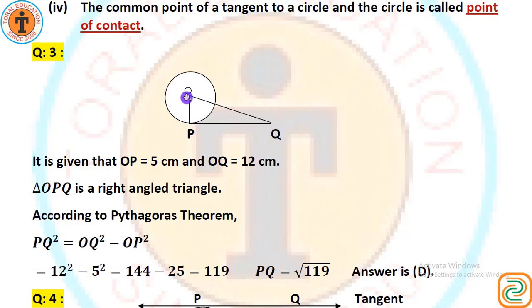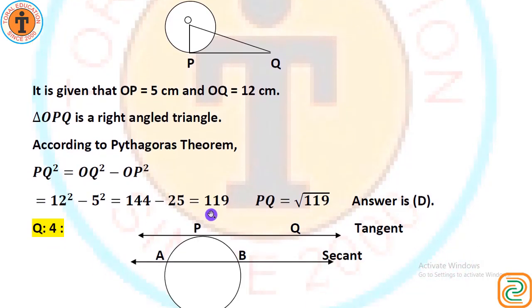So PQ square equals OQ square minus OP square. So 12 square minus 5 square. 12 square is 144, minus 5 square which is 25, equals 119. Therefore, PQ equals root 119. So our answer D is correct.